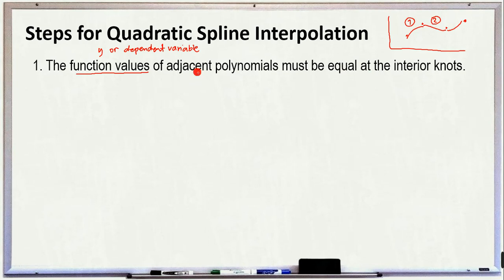Sakto ba? So ingon diri ang dependent variable daw sa nagtapad nga adjacent polynomials must be equal at the interior knots. So unsa ang mga interior knots? Kani. So dapat equal sila ani ang y. Kung unsay y dira, dapat share sila kay nagtapad. Good. Equal sila. Now, not only this one because ang atong interior knots pila ka buok? Di ba? Kani pod apil pod ni siya.